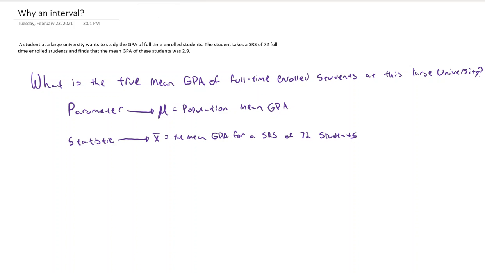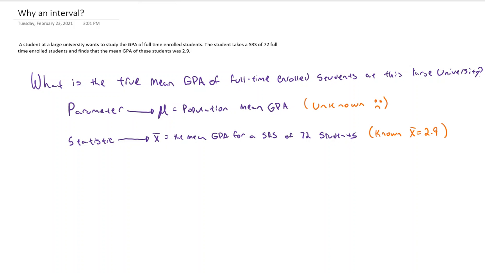So he did this. And like we have here, the population parameter, this population mean, is unknown. However, when he takes his simple random sample of 72 students, we do know his sample statistic here.